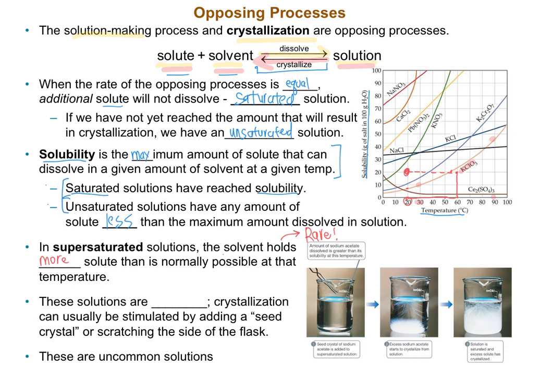Now these solutions are very unstable because they are holding way more solute than they should. So I have way more solute than I should, and my crystallization process really wants to happen.